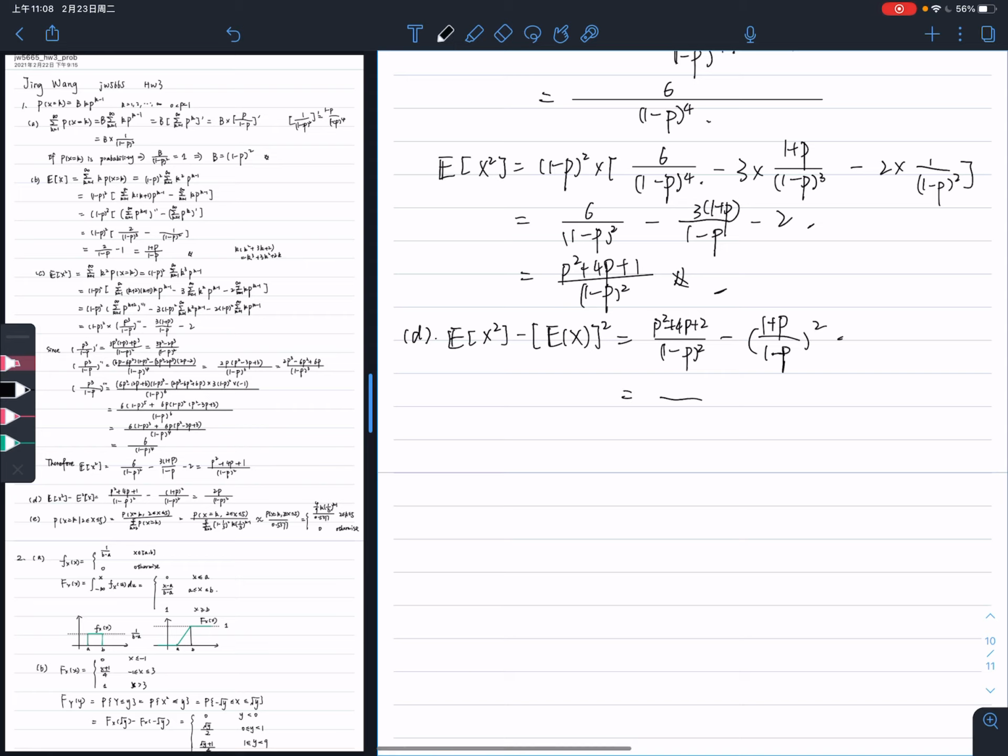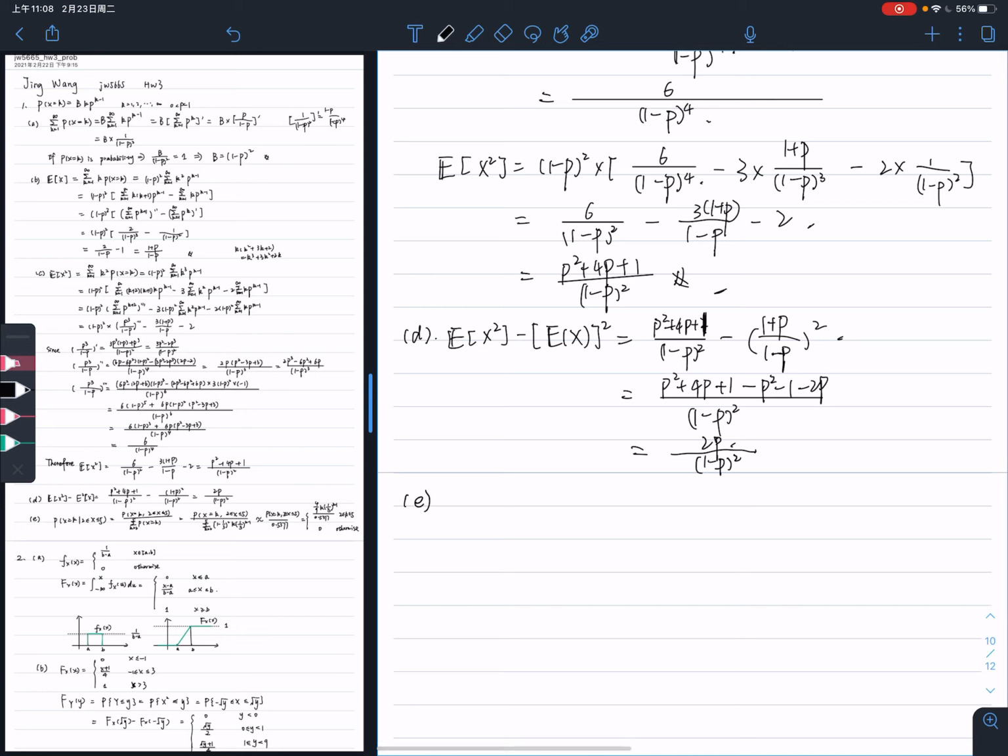So it is equal to (p^2 + 4p + 1 - p^2 - 1 - 2p) over (1-p)^2. So it is 2p over (1-p)^2. So now I get the variance.